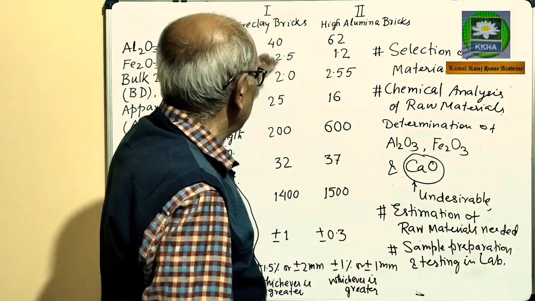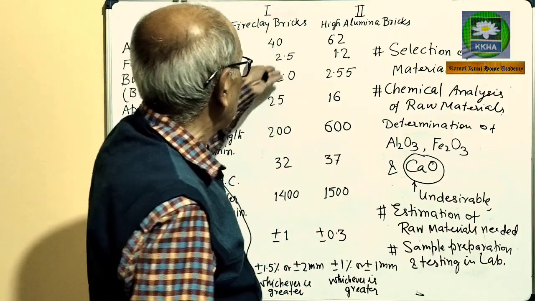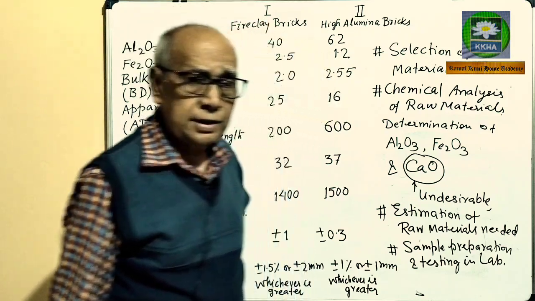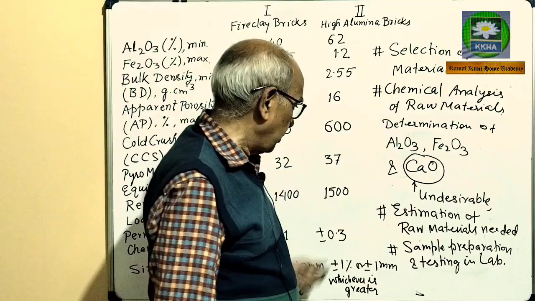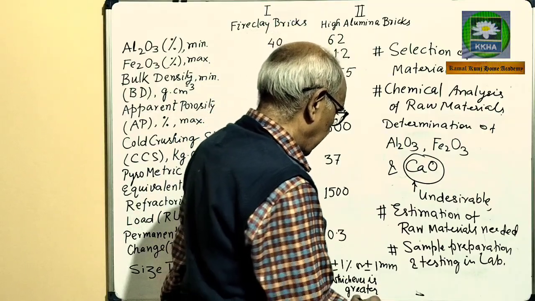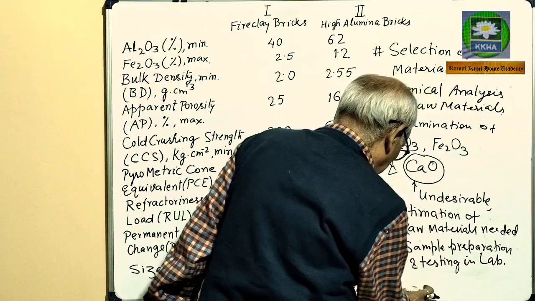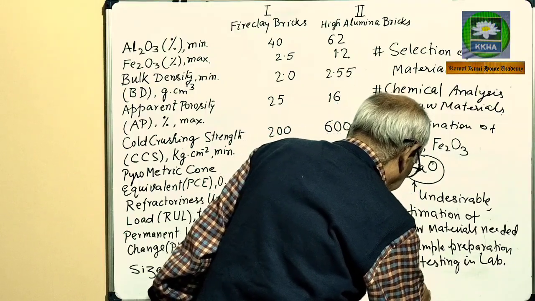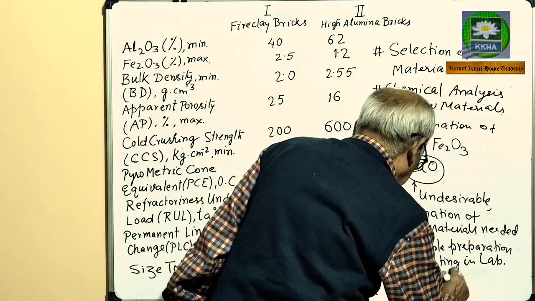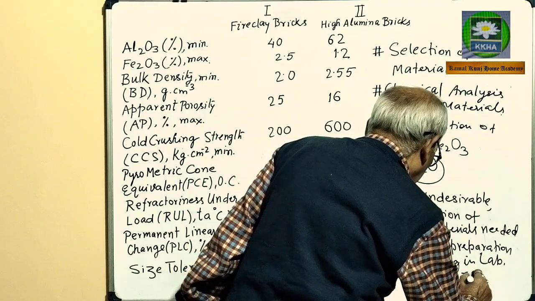You make 2 to 3 compositions for both specifications and find the best and economical composition for both.